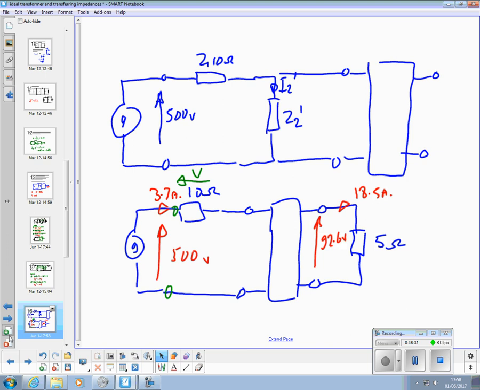Then we came on to a circuit with some complex numbers. We got to the end of that. Well, we wrote down the equations, but we never worked it out.